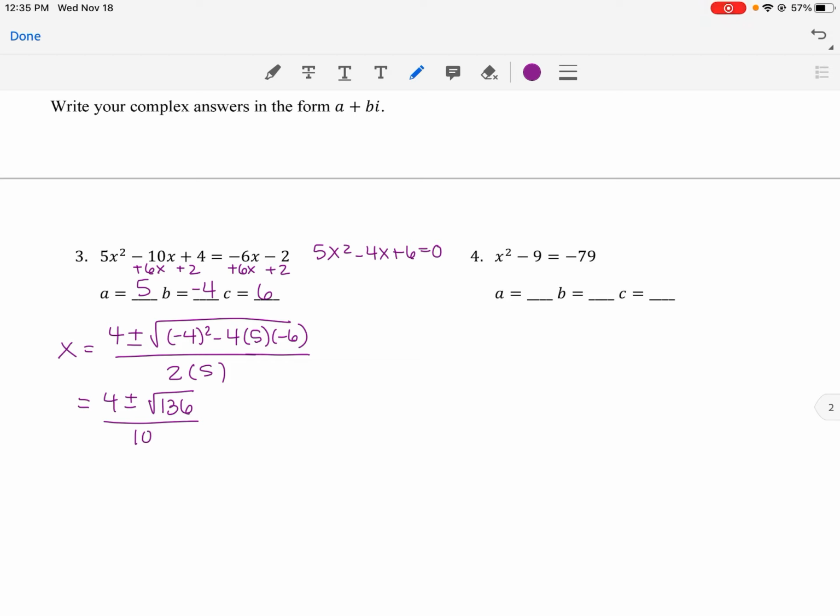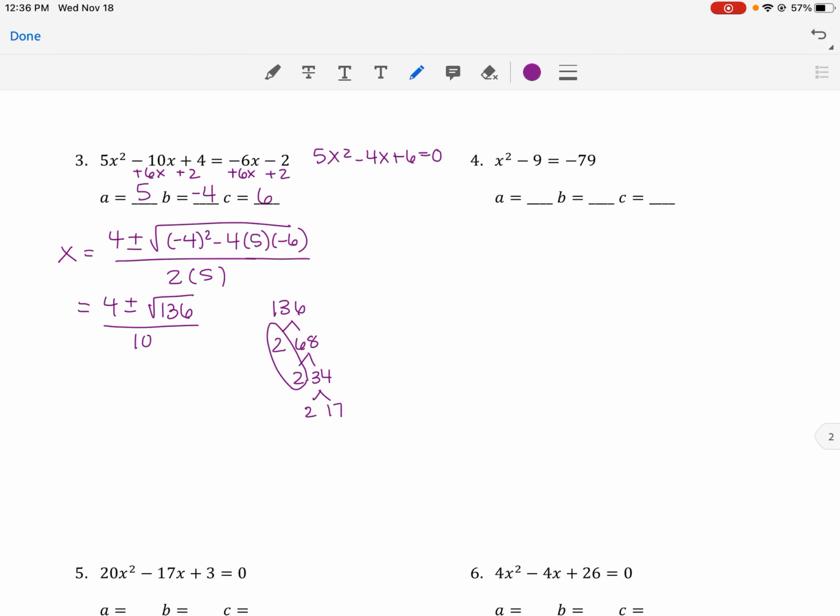The square root of 136 doesn't necessarily simplify, so we're going to break that down. 136 divides to 2 and 68. 68 also breaks down to 2 and 34. 34 breaks down to 2 and 17. We're just looking for pairs here. So here we have 4 plus or minus 2 square roots of 34 all over 10.